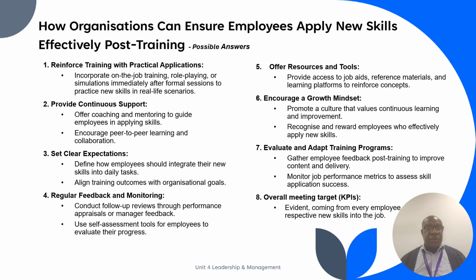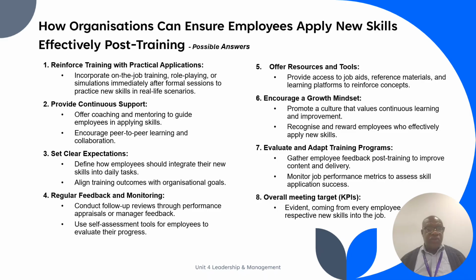A typical answer will be something like this: how an organization can ensure employees apply new skills. You can look at all of these various methods. I'm just going to highlight the main points.